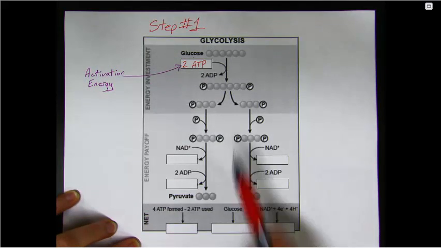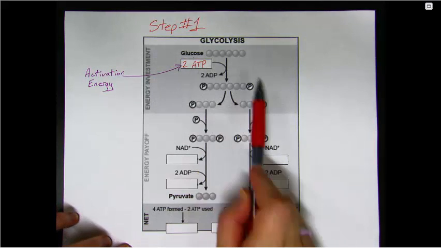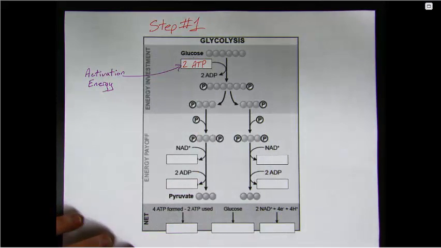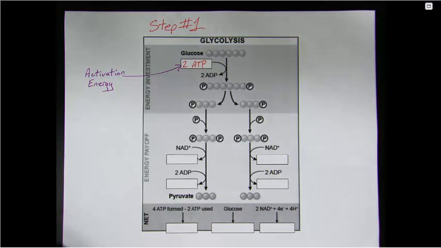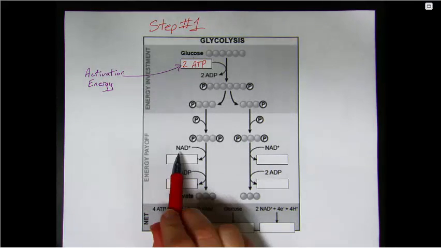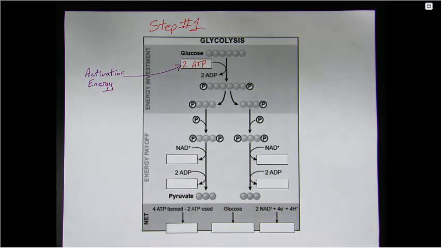Now the phosphates from the ATP break off and they attach to either end of the glucose molecule, and this causes the glucose molecule to split. We add another phosphate to either end to help stabilize things, and then we have this goofy molecule called NAD+ that comes in. NAD+ is an electron carrier when it is empty.